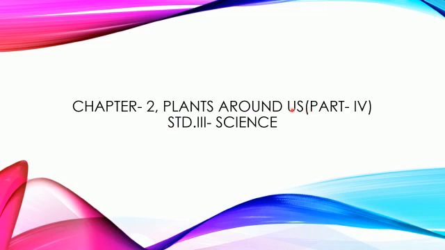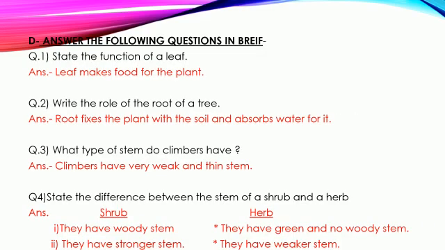Today we will discuss question number D and E of the same chapter. In question number D and E, questions are given and you have to write the answers of these questions.